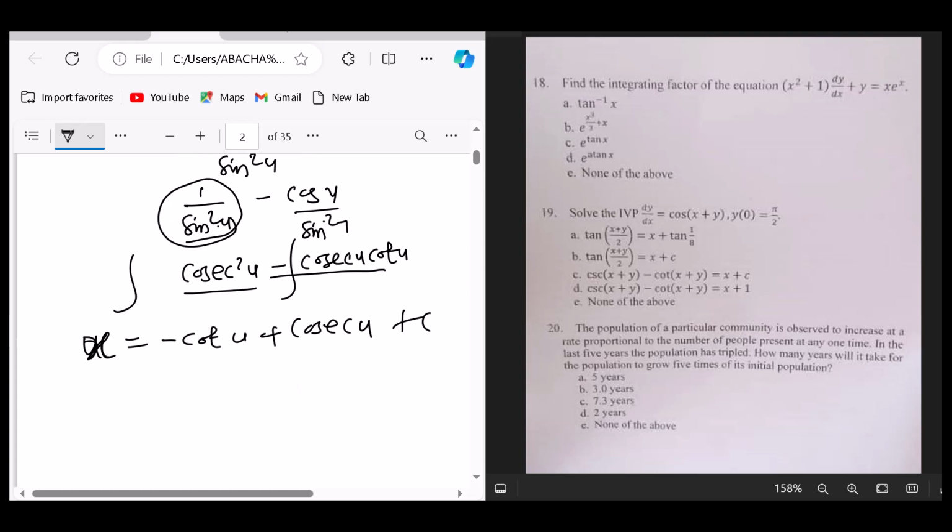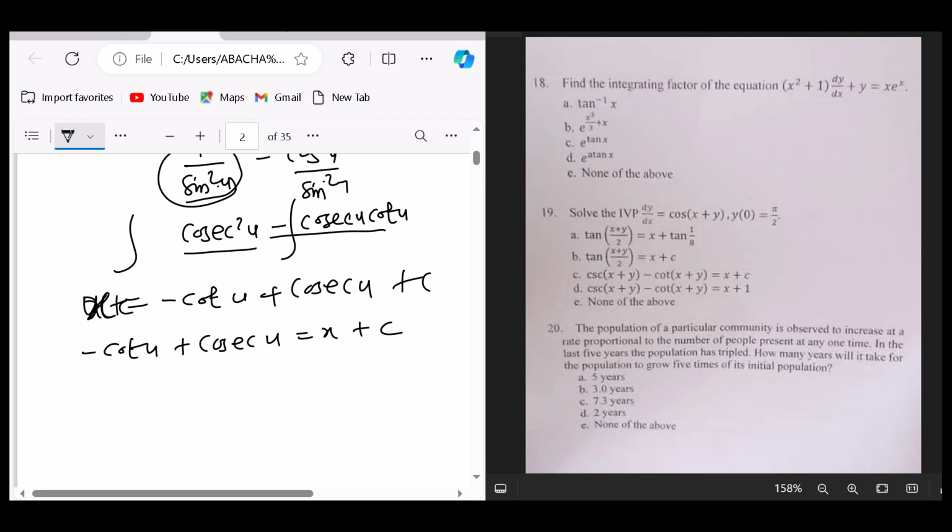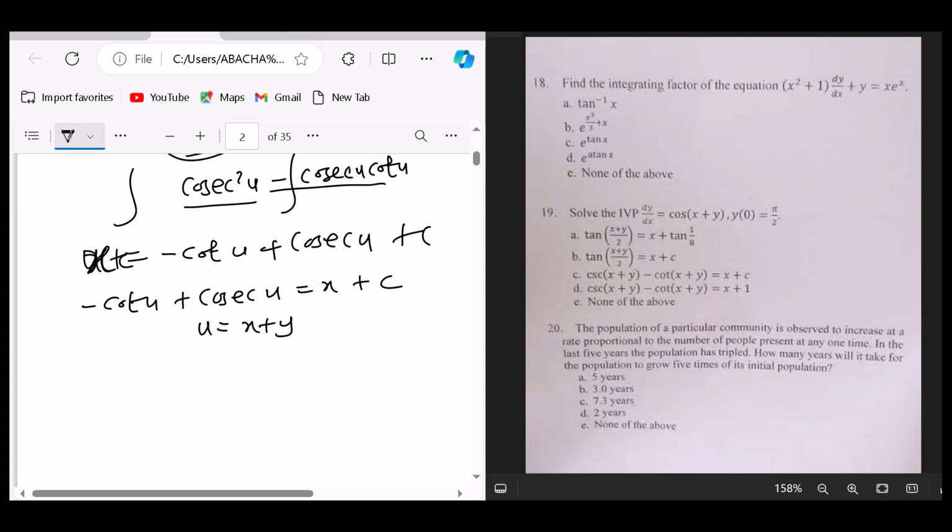Okay, or we can just make it the x, the c will come here, all is the same. So negative cot u plus cosec u is equal to x plus c, all is the same. Now, but we know that u was equal to x plus y, so we do back substitution.